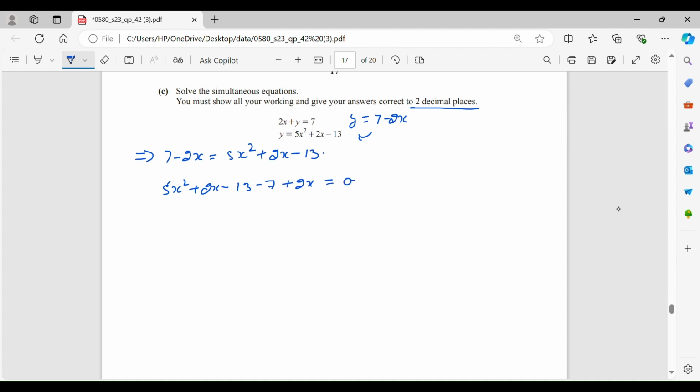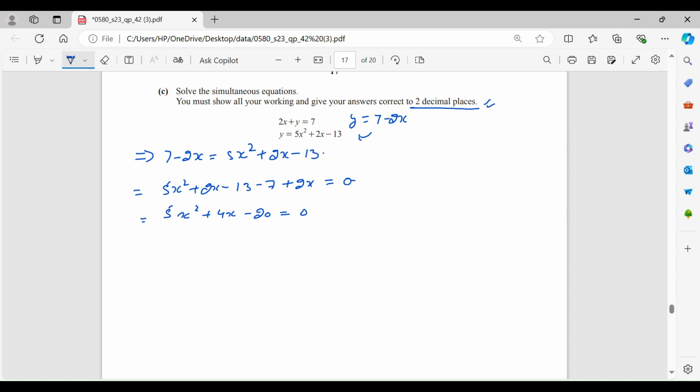So this is 5x squared plus 4x minus 20 equals 0, right? So we have to find the values of x and y, right? And since it is 2 dp, that means we have to use the formula method. If this is given, we will use the formula method only, right?